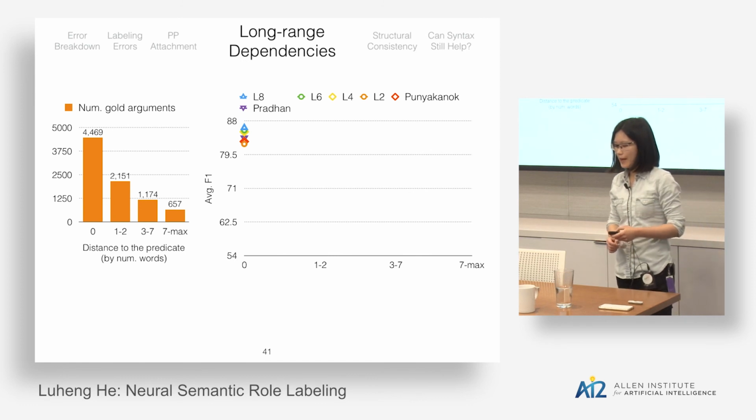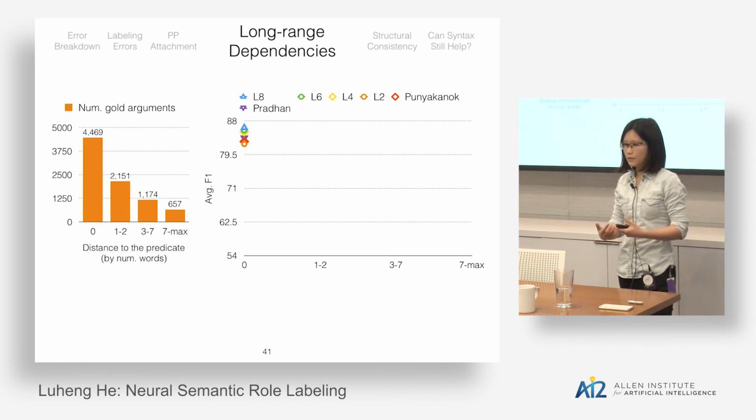For long-range dependencies, we split the arguments into several subsets based on their distance to the predicate, by number of words in between. And we evaluate the model's performance on the dev set for each subset of the arguments. The x-axis shows the number of words, the y-axis shows the average F1.